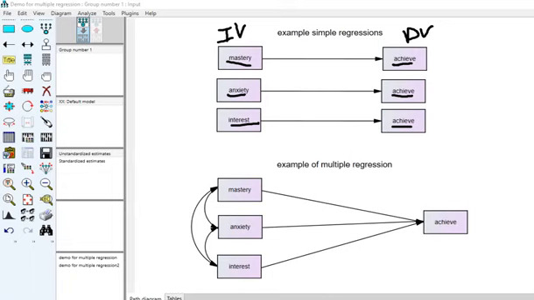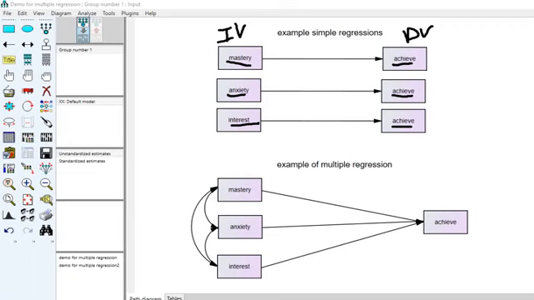What I mean by factor is just a categorical variable. So we can utilize a categorical variable in regression with appropriate dummy coding. That's all that means. For this particular demonstration, I'm going to assume that mastery goals, anxiety, and interest in each of these separate simple regressions are continuous.